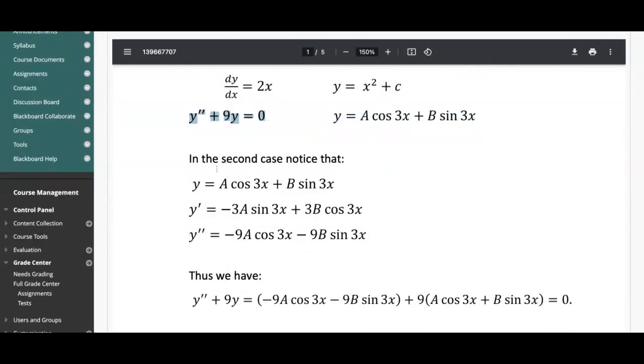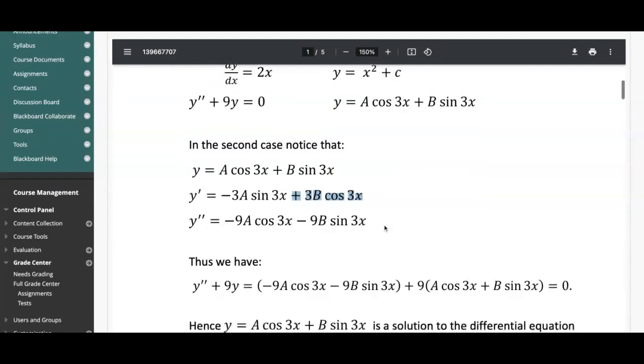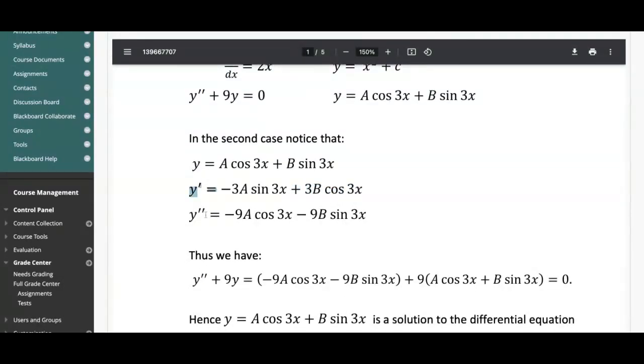So for this second one, if we start with a function y equals a cosine 3x plus b sine 3x, we take a derivative of this. And y prime will be negative 3a sine 3x plus 3b cosine 3x. Then we take a derivative of this again, which is y double prime. We get negative 9a cosine 3x minus 9b sine 3x.